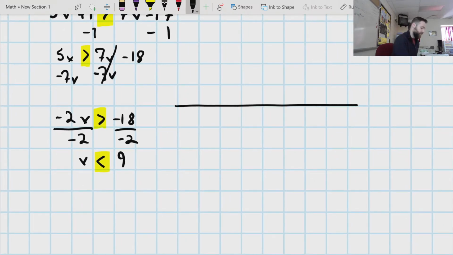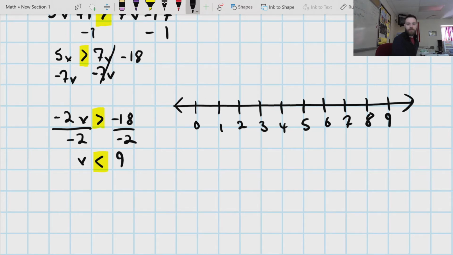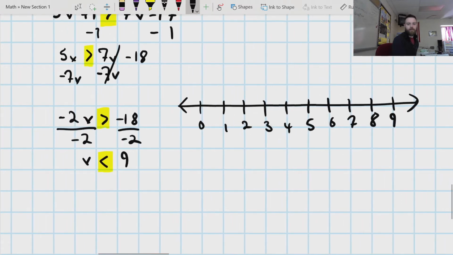So if I'm graphing this, I've got 0, 1, 2, 3, 4, 5, 6, 7, 8, 9, and so on and so forth. So this side of the number line points to infinity. This side of the number line points to negative infinity.